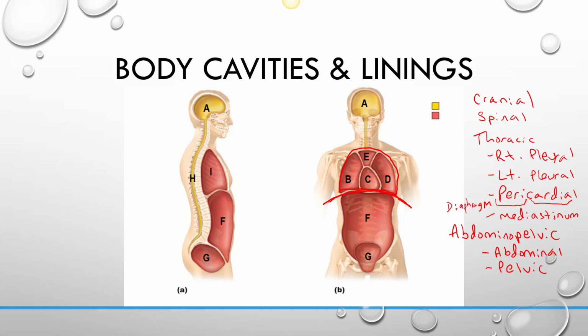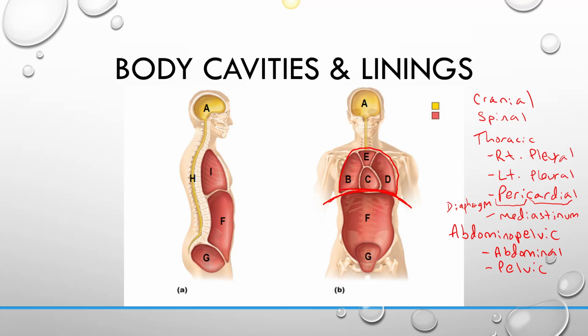There's just one tiny opening for the esophagus to squeeze through, and we'll learn about the esophageal hiatus later in the semester. Other than that, it's completely sealed off. There's no way anything from the abdominal cavity could get up into the thoracic cavity and vice versa. The difference between the abdominal and pelvic cavity is really just that the pelvic cavity is inside of the pelvis, but there's no set boundary that keeps it in there.